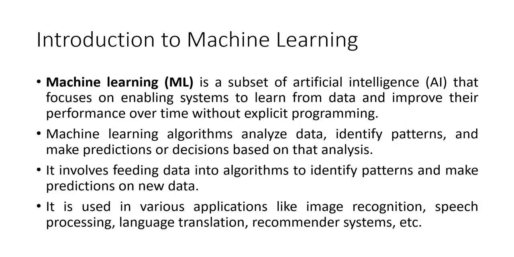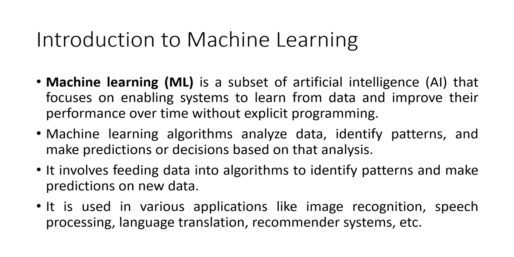Now, this slide, titled Introduction to Machine Learning, gives an overview of what machine learning is, how it works, and where it is used. Let us explain one by one. The definition of machine learning: what does it mean?